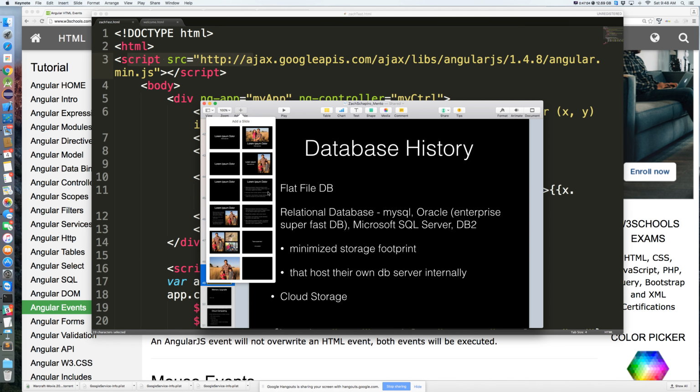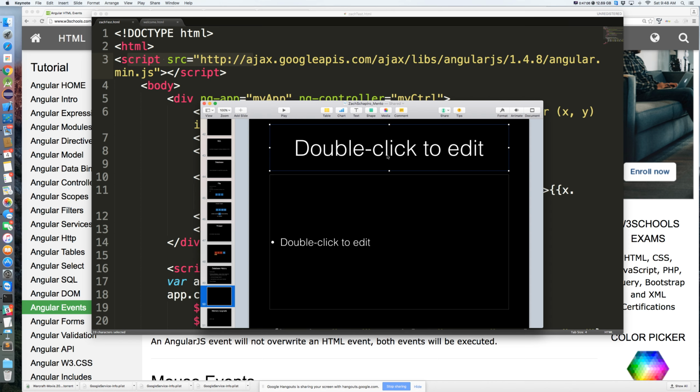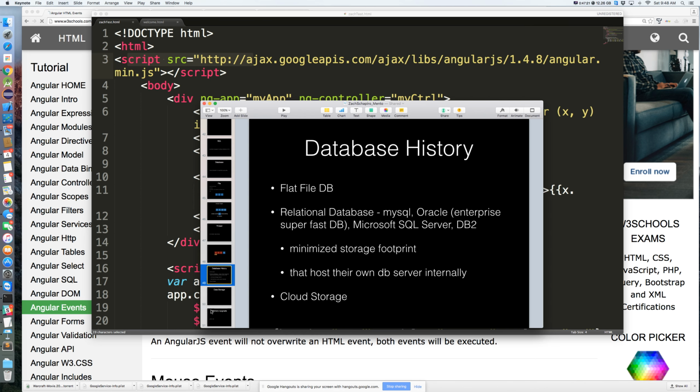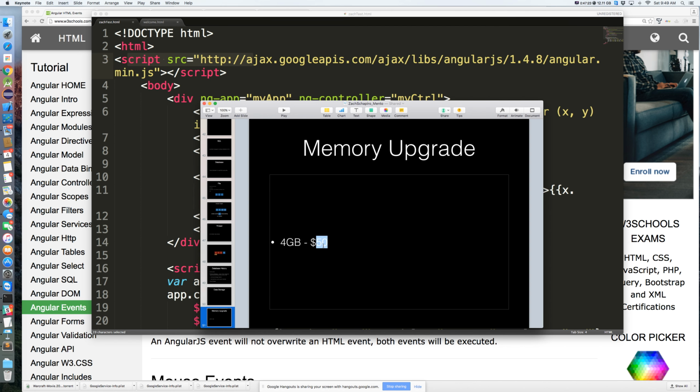So when we talk about data storage, we think about things in terms of megabytes or gigabytes or kilobytes, right? $17 for 4 gigabytes. Okay, even cheaper. Fine, $17.